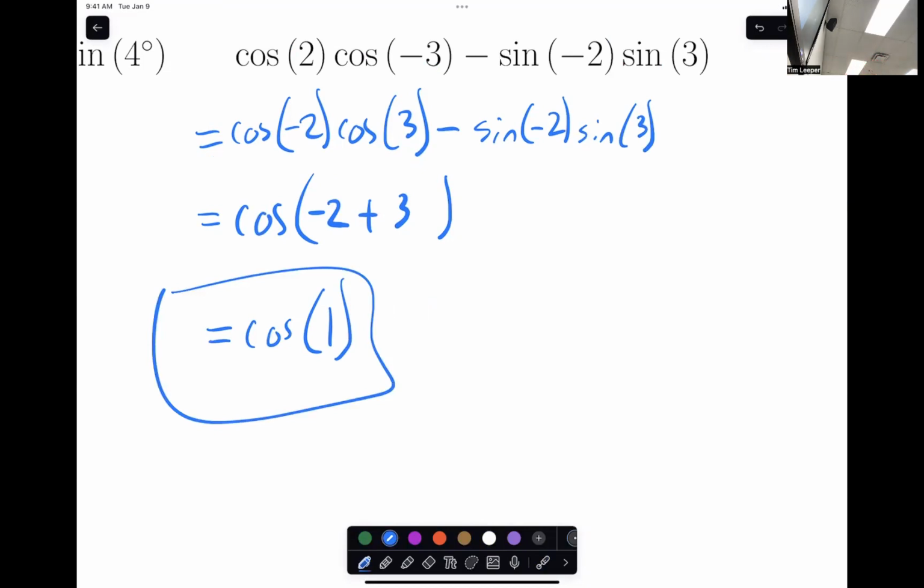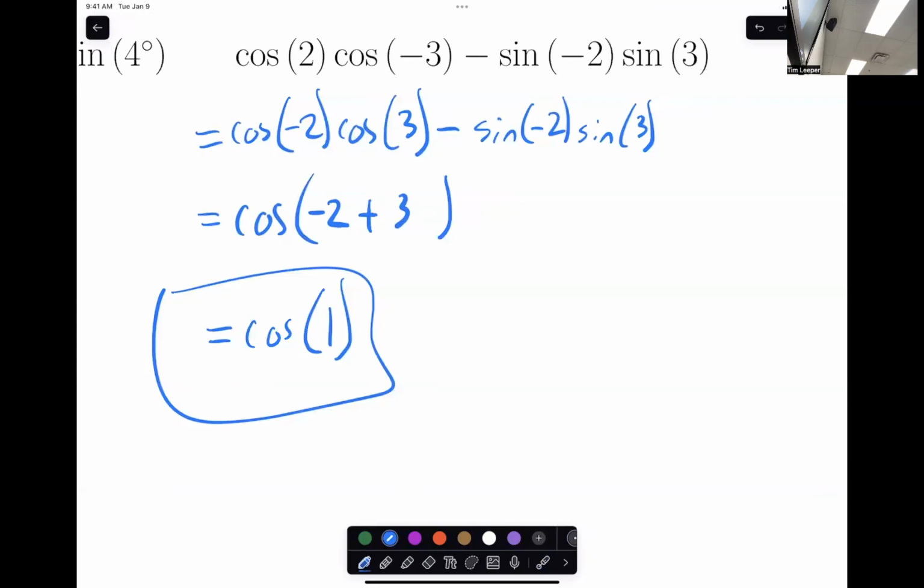Do we know what cosine of 1 is? Is it 180 degrees? No. Cosine of 1. Oh, it's -1? Nope. Go take your calculators and type in cosine of 1. It's in radians, so that's cosine of 1 radian.